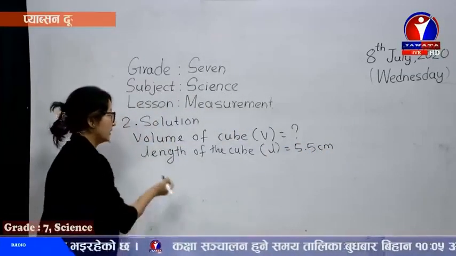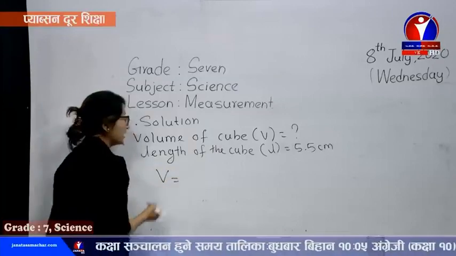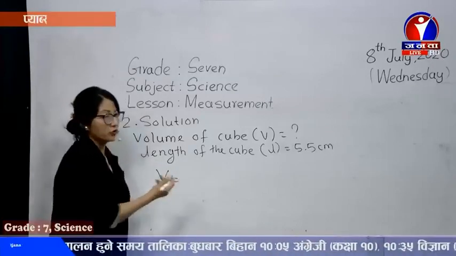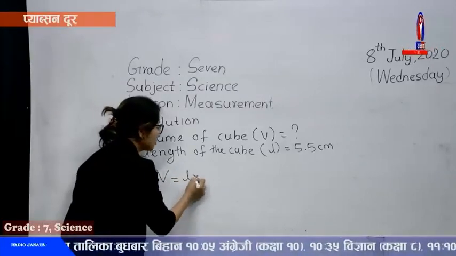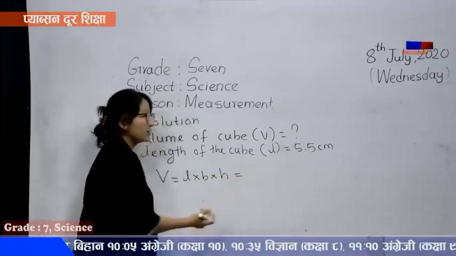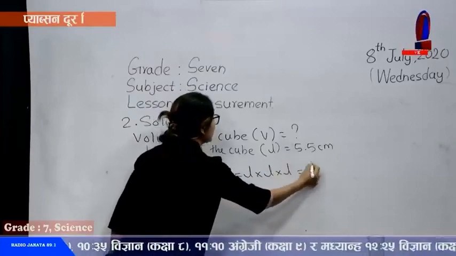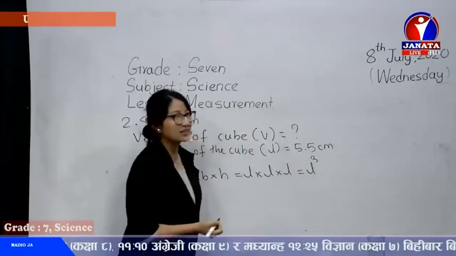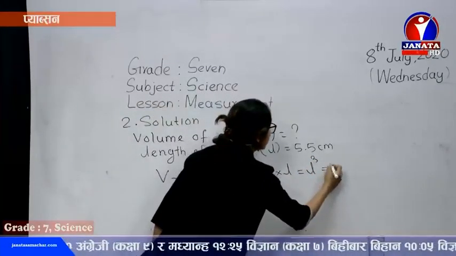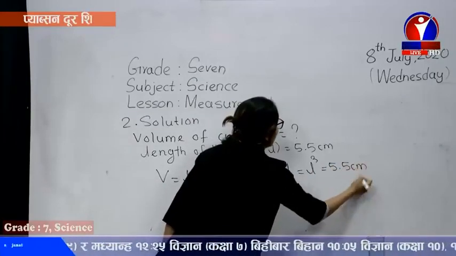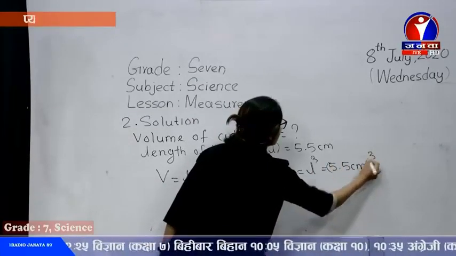So we know that, as usual, the formula to calculate the volume is actually length into breadth into height, and here all sides are equal. Then we can say length into length into length, that is L cube. So when we put the value over here, 5.5 centimeter cube.